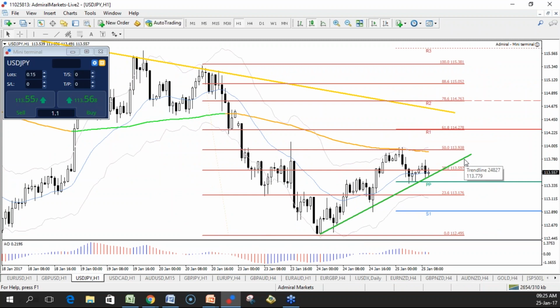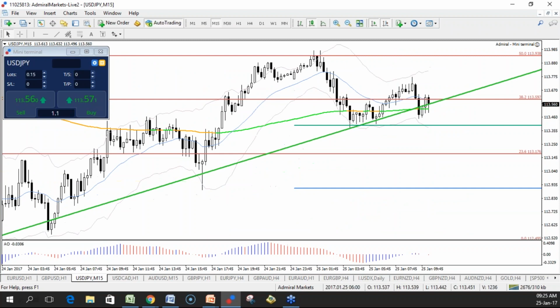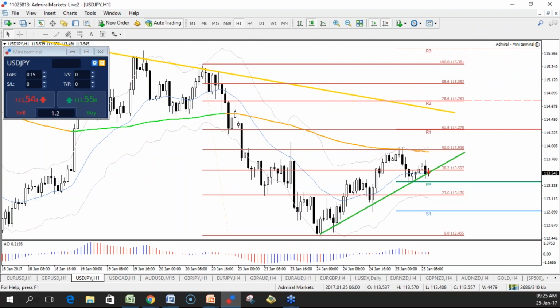Wait for price to push through this trend line connecting multiple bottoms, basically multiple support levels, waiting for a push, maybe a 15-minute candle like this, or even an hourly candle. A close near the low, preferably below the pivot point and these lows. And there could be a breakout to the downside, down to 112.